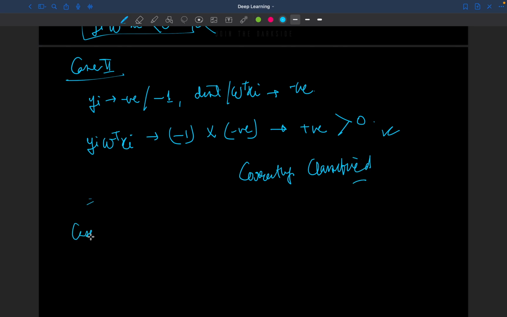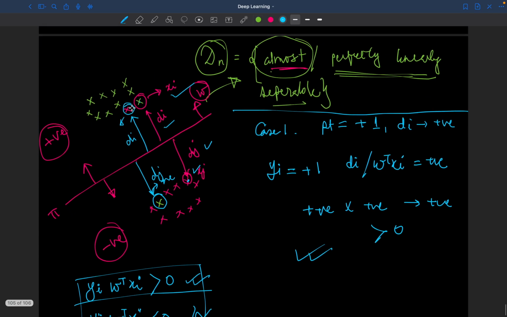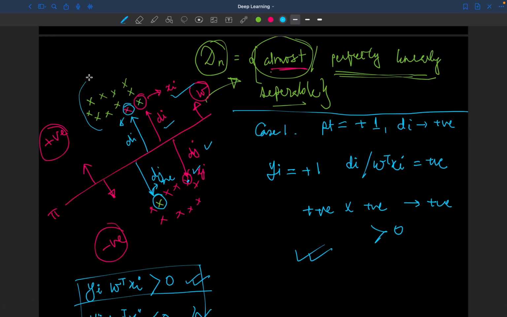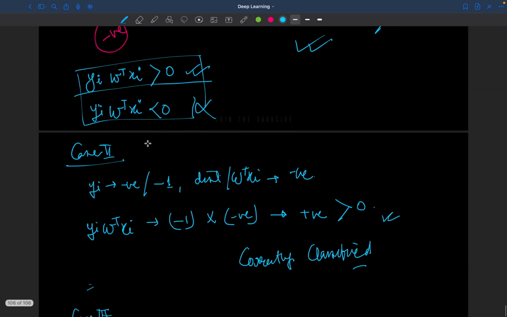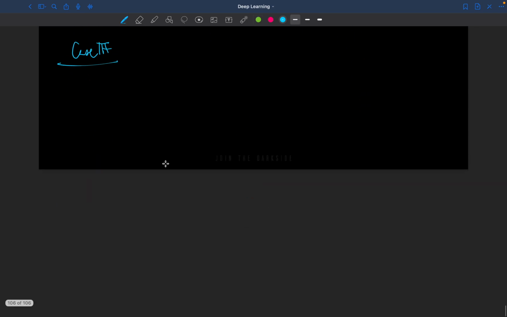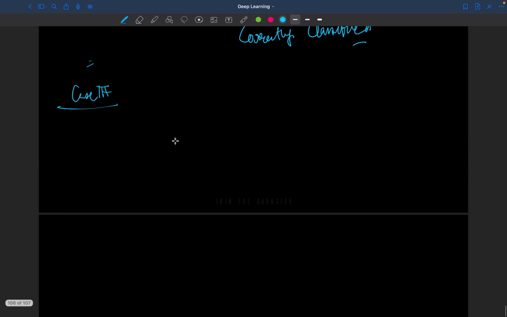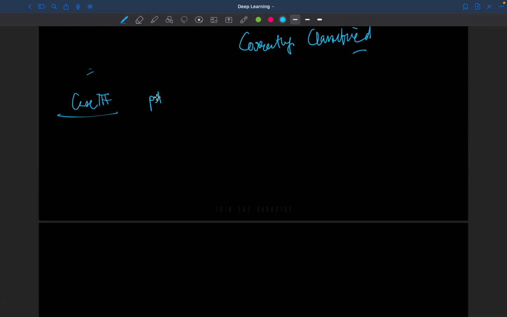Now case 3. What is case 3? We have a negative point in the positive region. Hence our point is negative but our distance is positive. So let's see how it goes. Our yi is -1 and our distance di is positive.